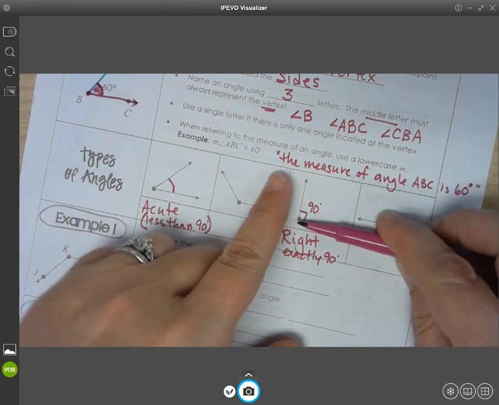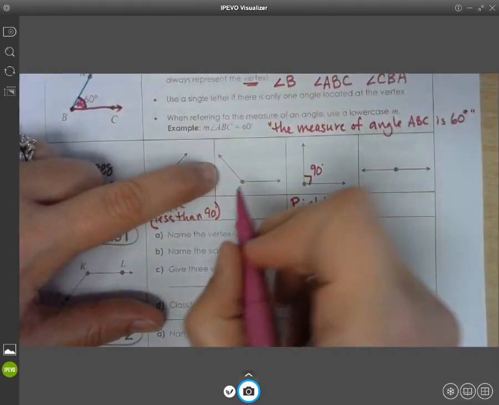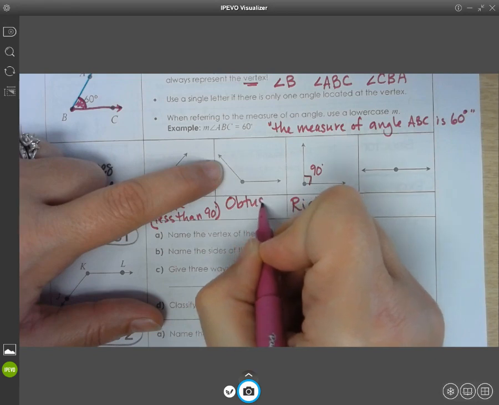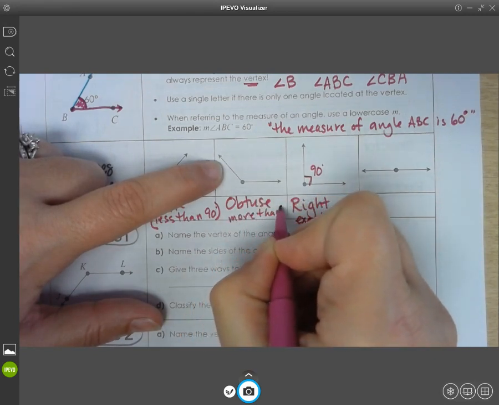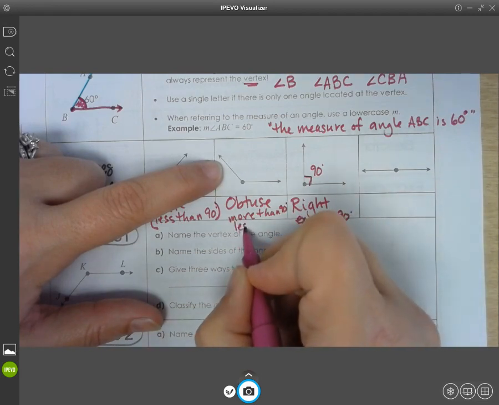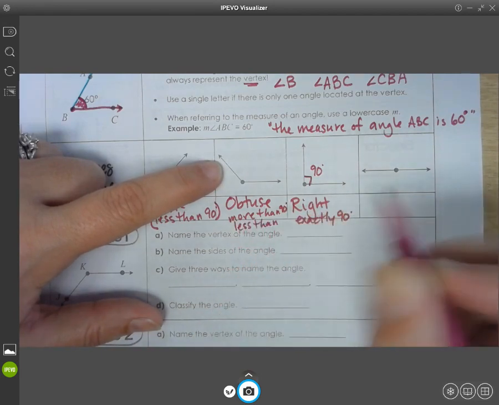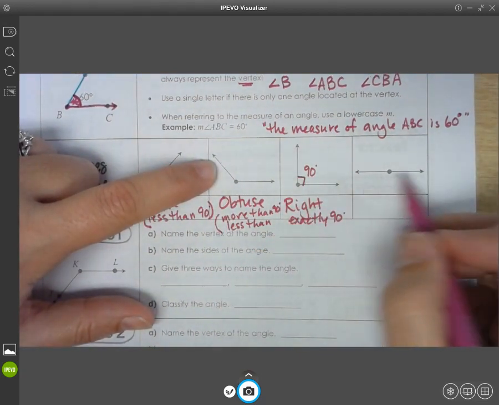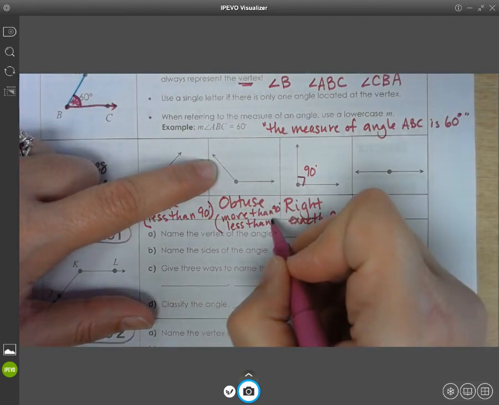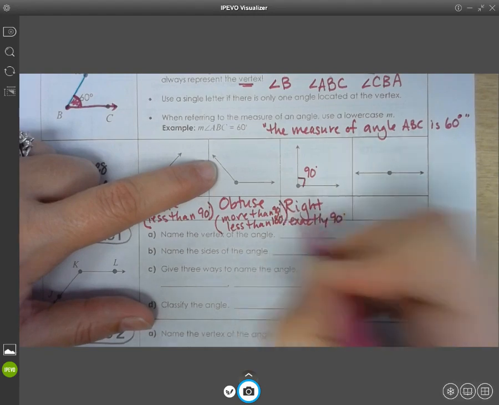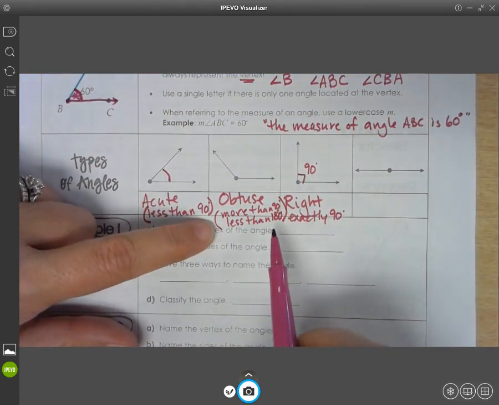Anything opened further than this is obtuse, more than 90 but less than a straight line. So it's not going to be opened up as far as this, and this straight line equals 180. So obtuse is more than 90.